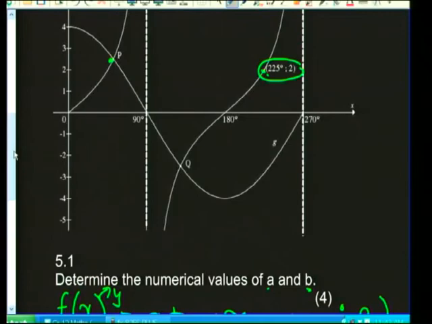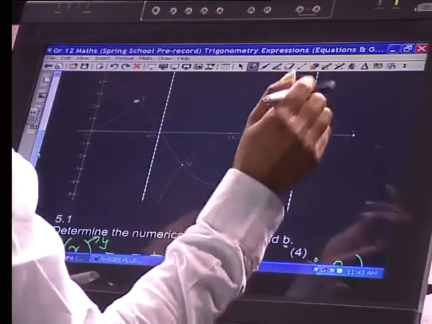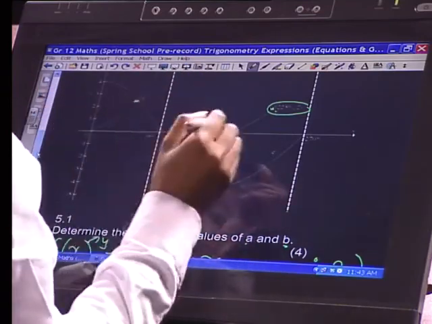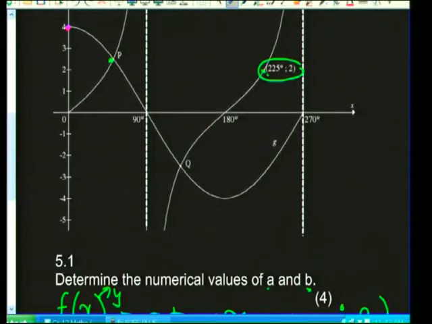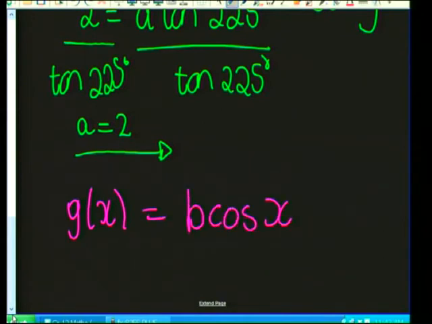Now that we've found the value of a, let's find the value of b. If you look at this point here, it doesn't lie on the cos graph, it lies only on the tan graph. So we can choose this point here. So g of x is equal to b cos x, and we've chosen 0, 4.